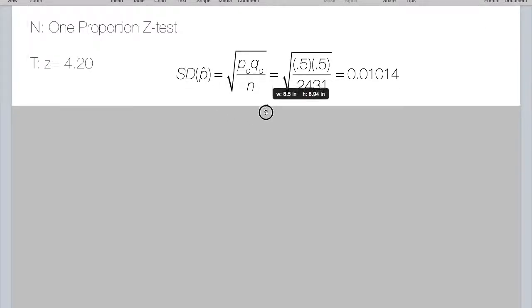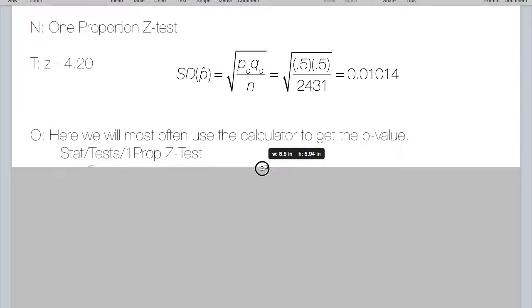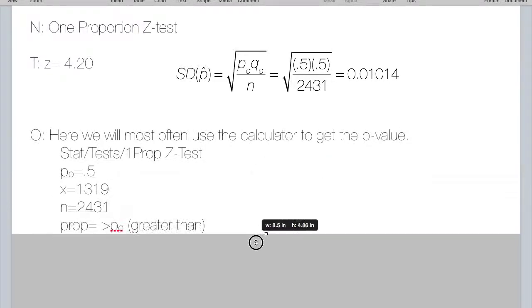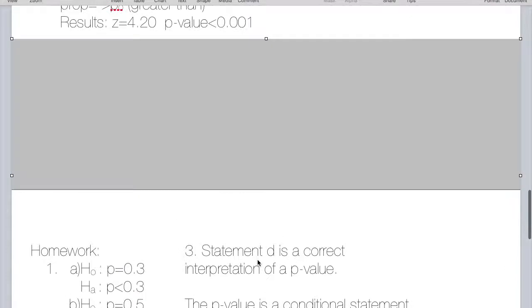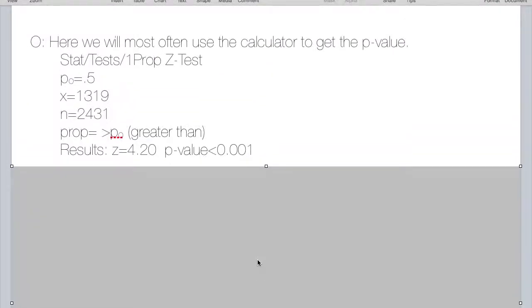The next part, obtaining my p-value, and so I wrote down all the results that you would get. It's under stat tests, one prop z test. You have a null hypothesis. That's what that p sub 0 means, the null. What's the proportion that you wrote down in the null, which we wrote down as 0.5 because we assumed that they're equally likely.